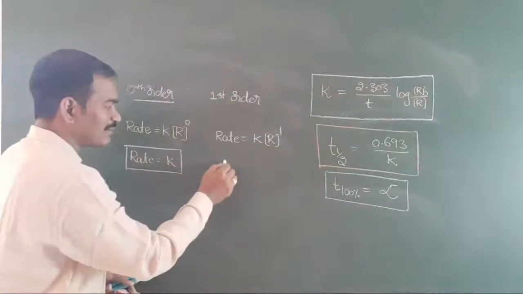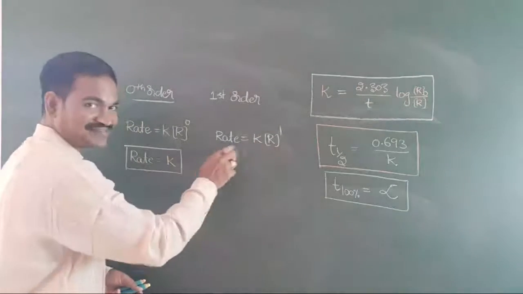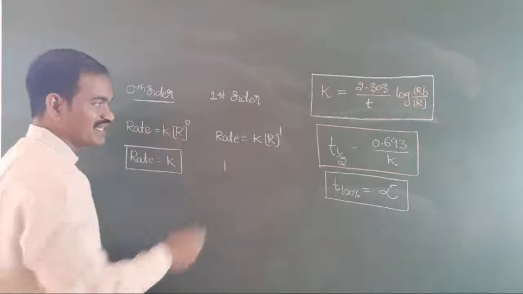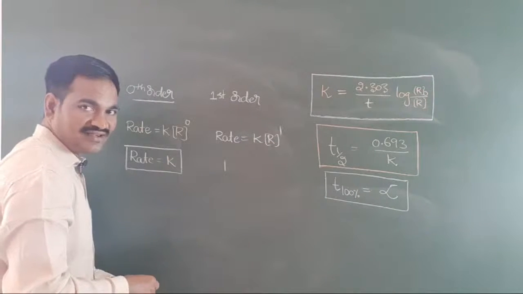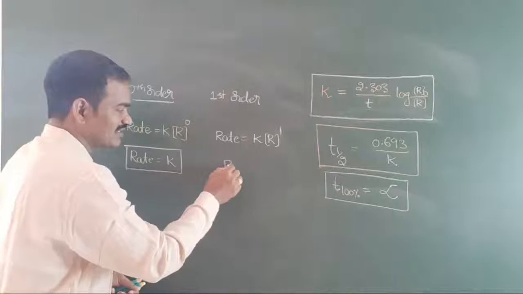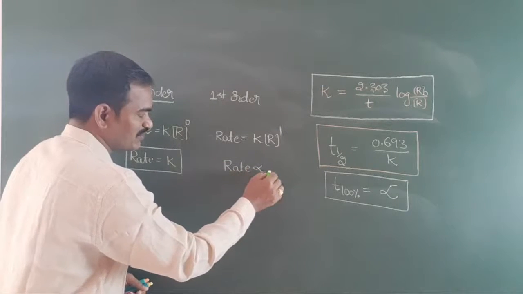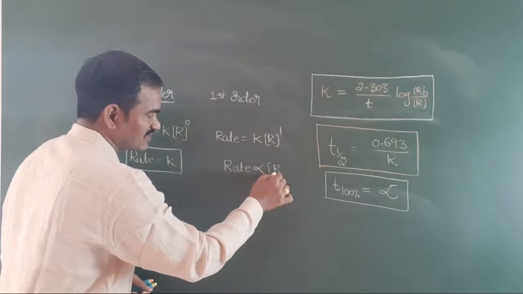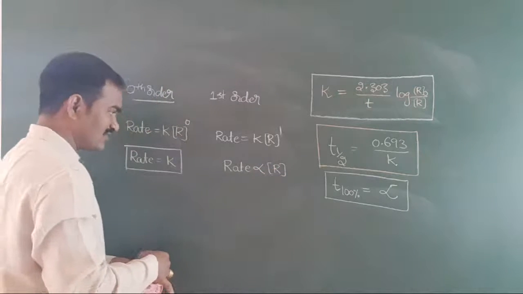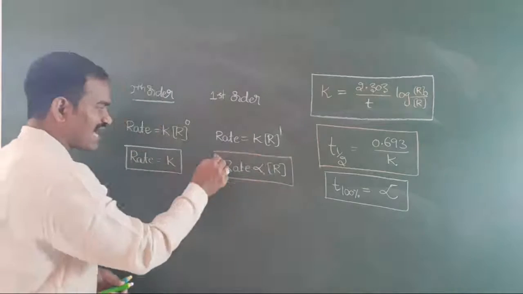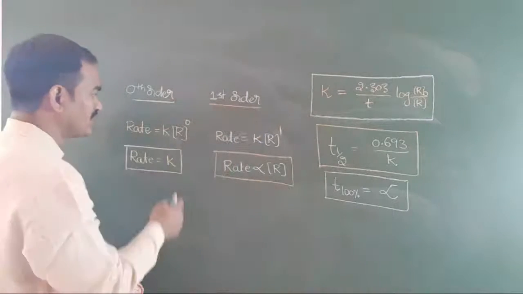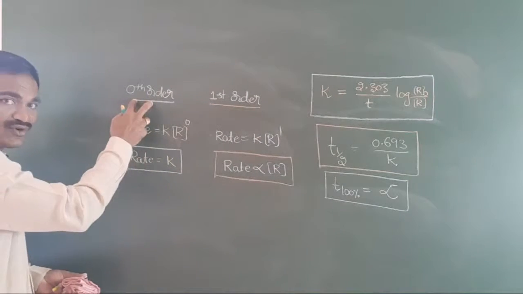So now what is happening here? Rate is depending, it's directly proportional. So rate is directly proportional to the concentration of reactant. So this point you should have clarity. Rate is constant in the zero order.